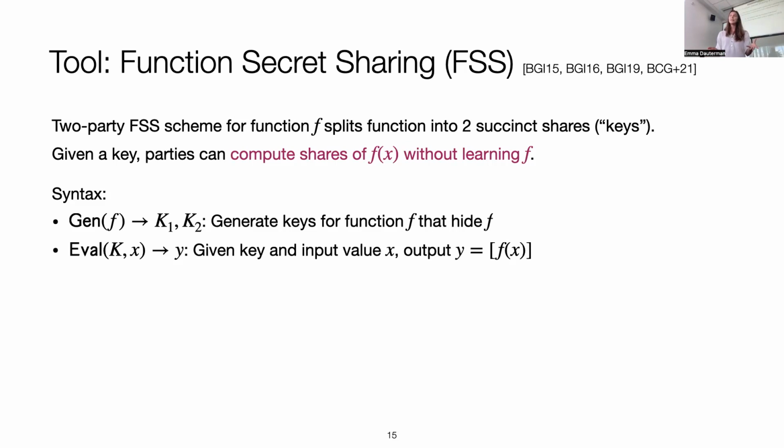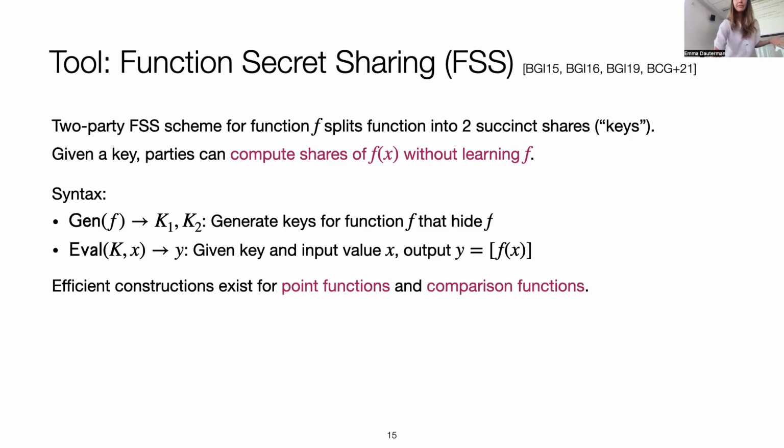There's also some Eval routine where given some key K and some input X, we can output shares of the function evaluated at point X. So if we sum together the evaluation of key K1 at X with the evaluation of key K2 at X, we'll get the function F evaluated at X. And efficient constructions exist for point functions as well as comparison functions. So functions that are going to be a particular value at a single point and 0 everywhere else, and also functions that are going to be a particular value at all the points greater than some value and 0 everywhere else.